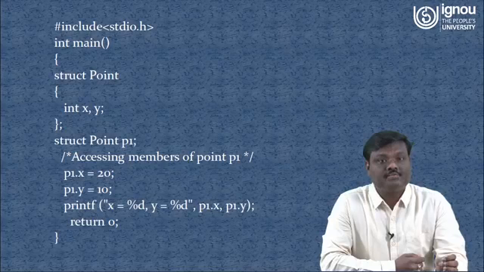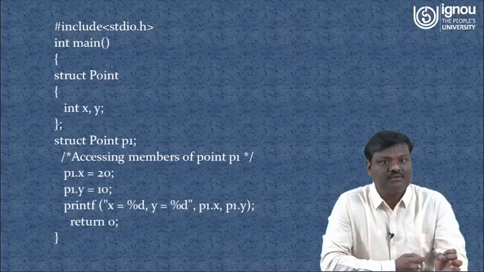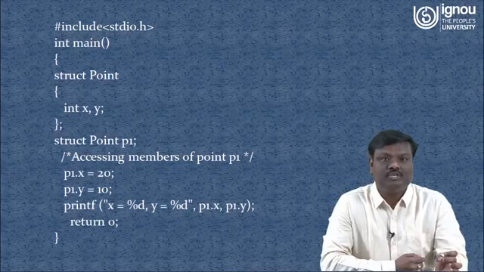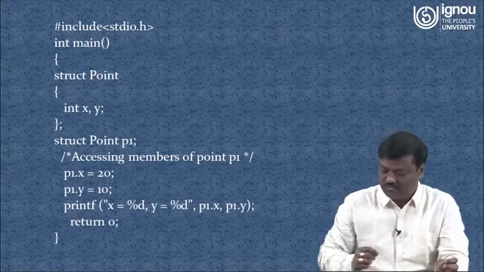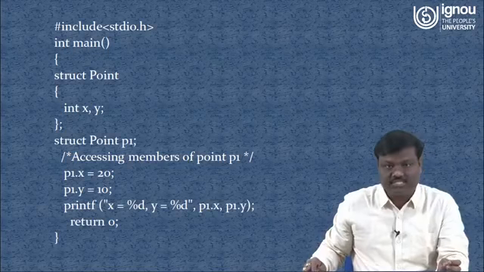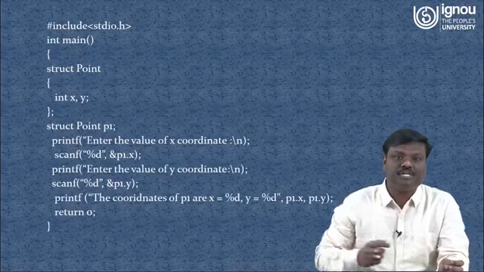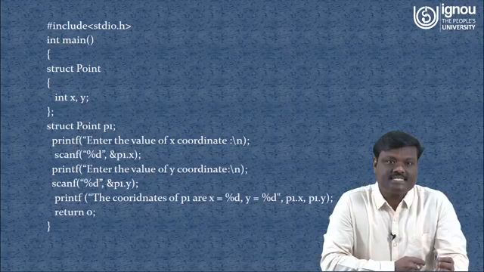Then how to access the members: p1 dot x, here we are initializing it to 20, and then p1 dot y equal to 10, printf x equal to, y equal to, p1 dot x and p1 dot y. So this is a simple program which you can write, test and see the output, just to print the coordinates. This is the second example.